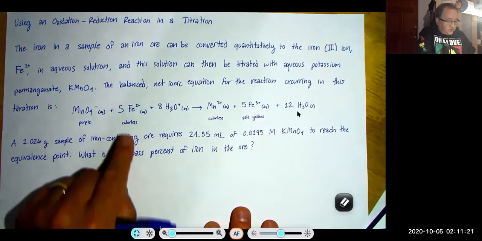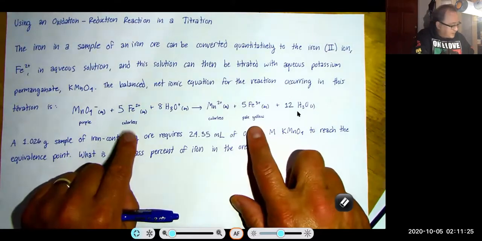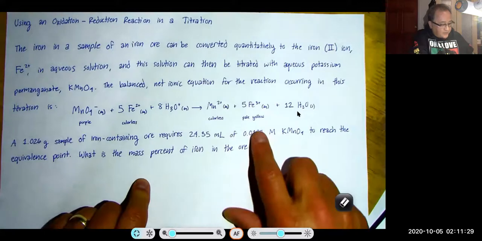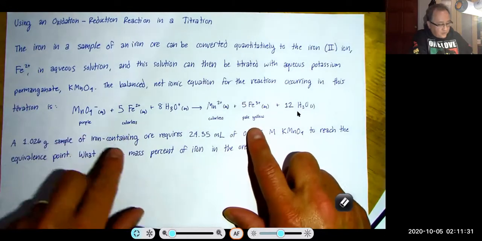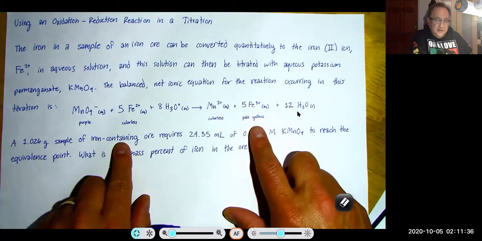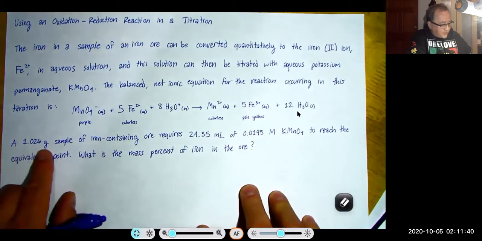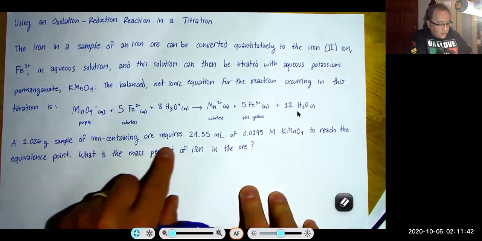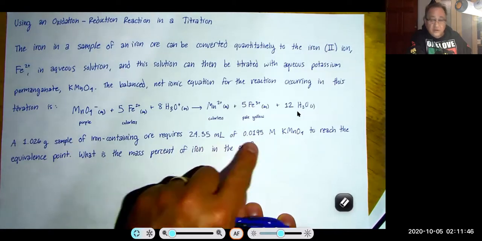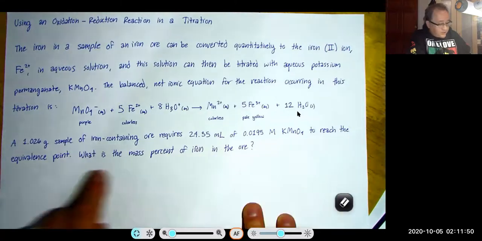Now, you do this titration basically looking at the color here. I should say another way to do this reaction is with spectrometry, where you use a Beer's law type of thing here. And we'll probably be talking about that in the next section. So a 1.026 gram sample of iron containing ore requires 24.35 milliliters of 0.0195 molar potassium permanganate to reach the equivalence point.